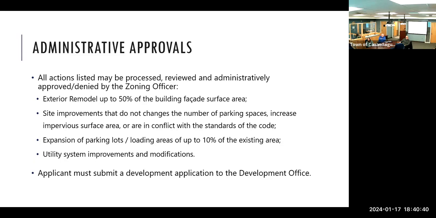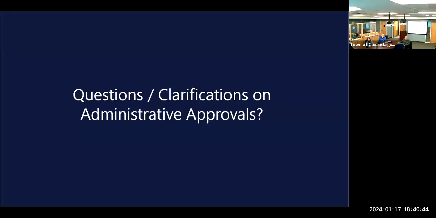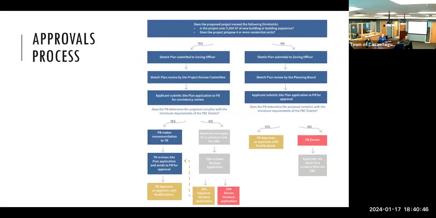And then for obviously the larger scale projects, we go back to that flow chart. So if a project is under 5,000 square feet, whether it's a new build or an expansion of an existing building, and has 3 or fewer residential units, it's going to go to the planning board.